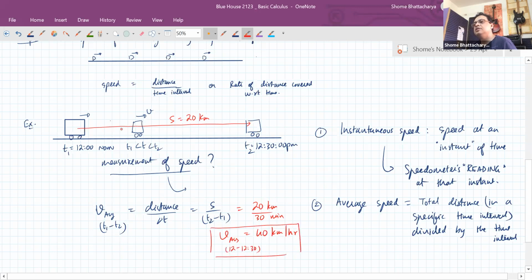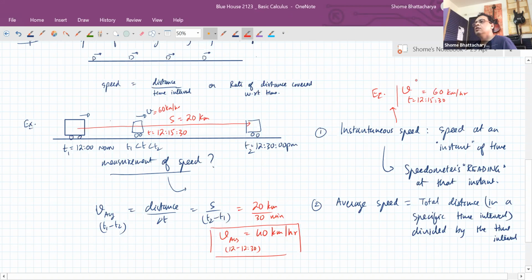Whereas, for example, at this moment, if the speed was maybe 60 kilometers per hour, at a particular instant of time, t equal to, let's say, 12:15 and 30 seconds, okay, so we will say that the instantaneous speed at t equal to 12:15 and 30 seconds was equal to 60 kilometers per hour.